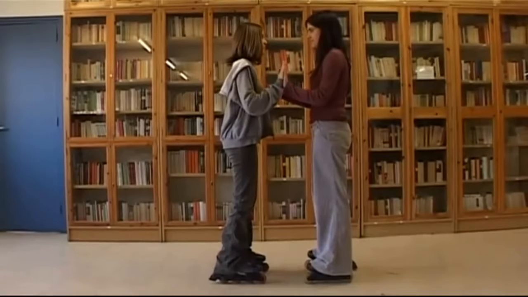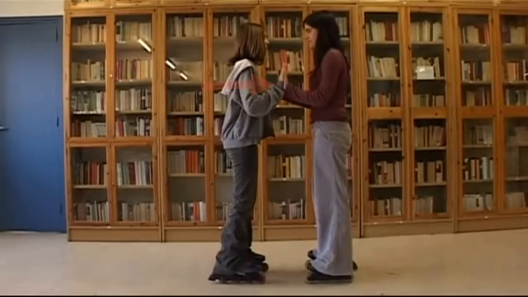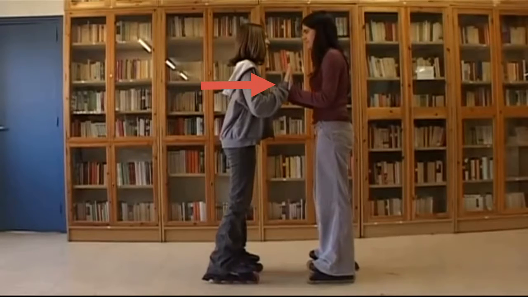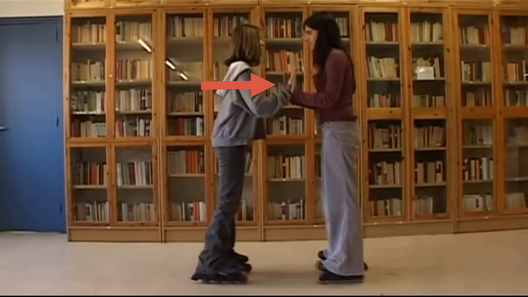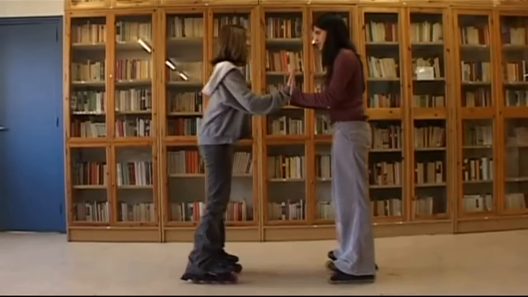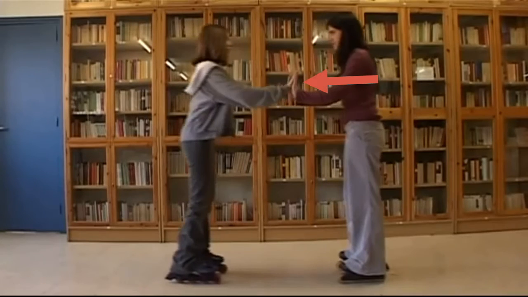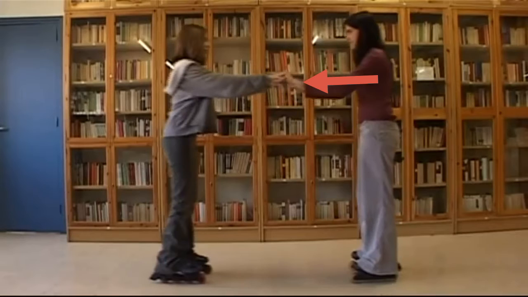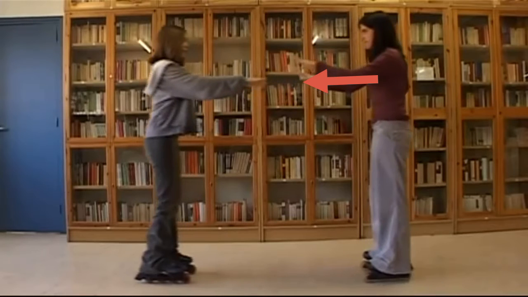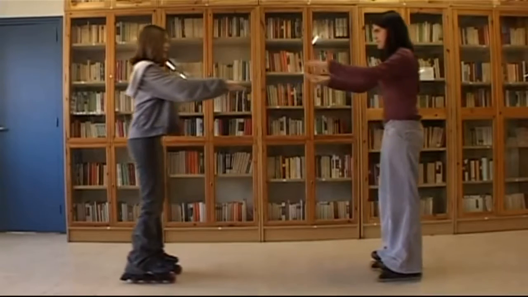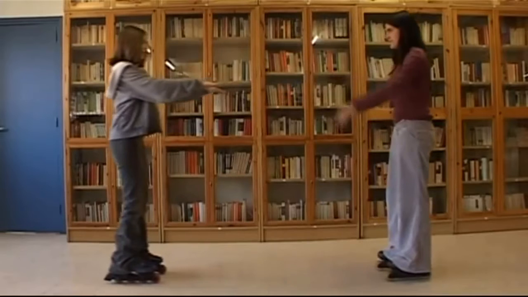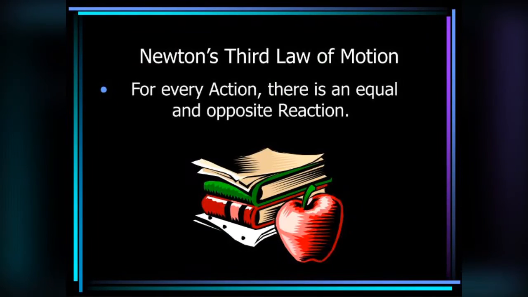The force exerted by the first body on the second body is called action force, and in response to it, the force exerted by the second body on the first body is called reaction force. Hence, according to Newton's third law of motion, to every action there is an equal and opposite reaction.